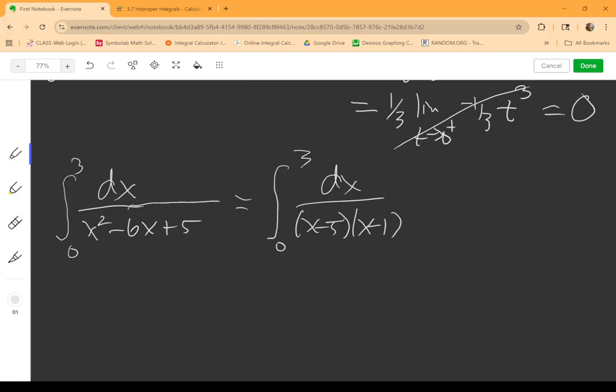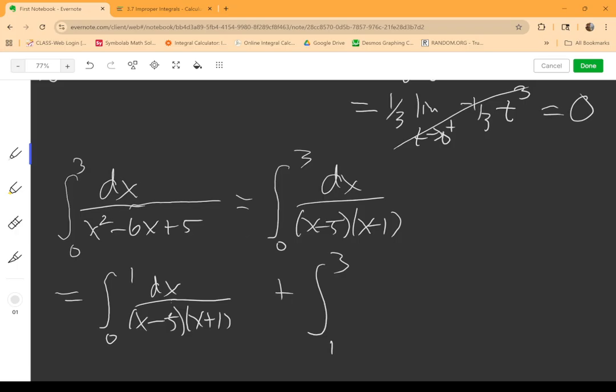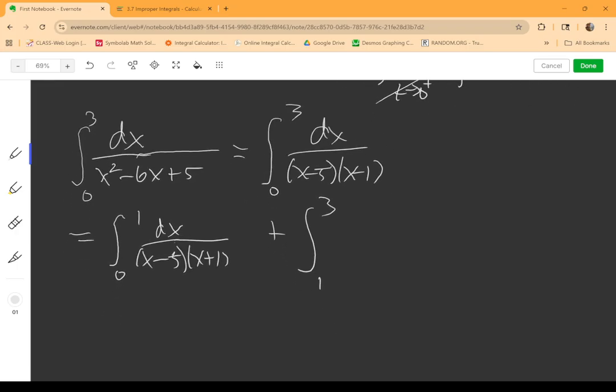All right, so that means that I'm going to split this up. Go from 0 to 1, dx over x minus 5, x minus 1, plus 1 to 3 of dx over x minus 5, x minus 1.